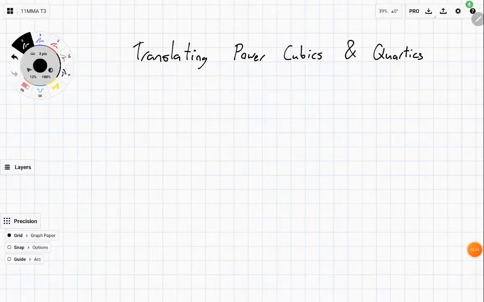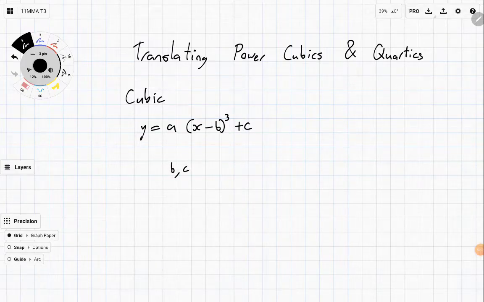Alrighty, so for a power cubic, that's something of the form y equals a times (x minus b) to the power of 3, because it's a cubic, plus c. b comma c is the point of horizontal inflection.